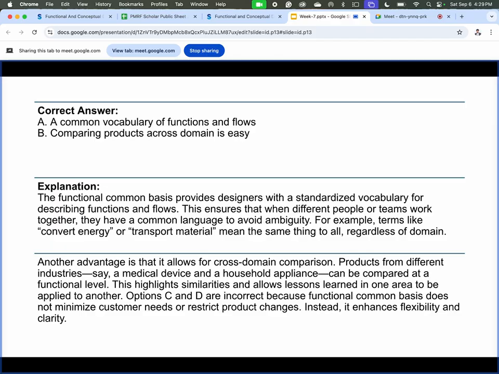So options C and D are incorrect because the functional common basis does not minimize customer needs for restricted product change. Instead, it enhances flexibility and clarity. Okay, so A and B is the right answer.